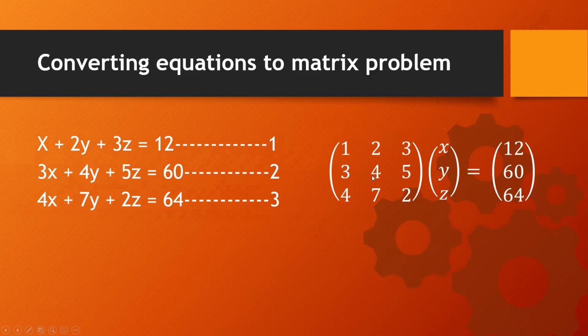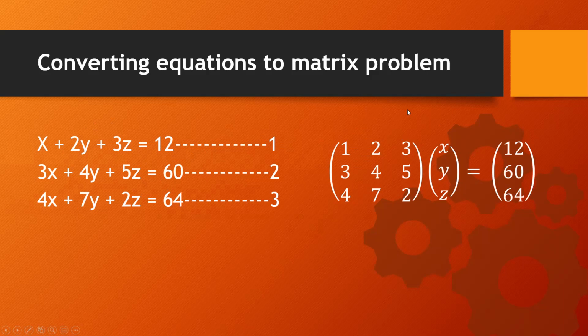If you look at the second row, 3x plus 4y plus 5z, that is equal to 60. That is our second equation. If you look at the third row, that is 4x plus 7y plus 2z, that is equal to 60. Now you can see this matrix and also the system of equations, they are the same.